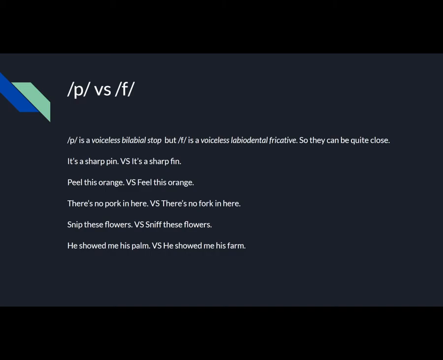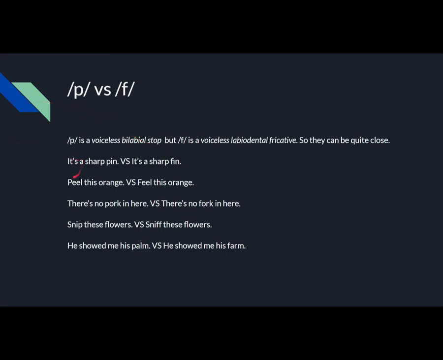If we do not put our top teeth on our bottom lip for the f sound, then it becomes p. So it's quite important. If we put our teeth on teeth and try to make the sound like this, it's much closer to an H sound. So the placement of where we put things is very important.